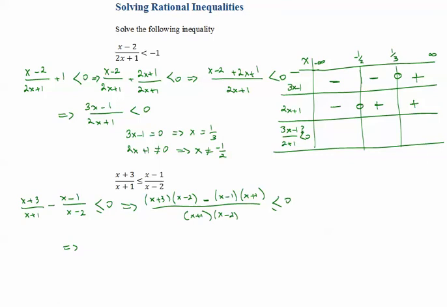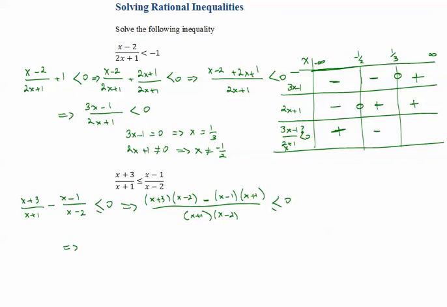Any value of x between negative infinity and -1/2 will make the numerator negative and the denominator negative. So negative over a negative makes a positive. Any value between -1/2 and 1/3 will make the numerator, which is 3x - 1, negative, but the denominator, which is 2x + 1, positive.